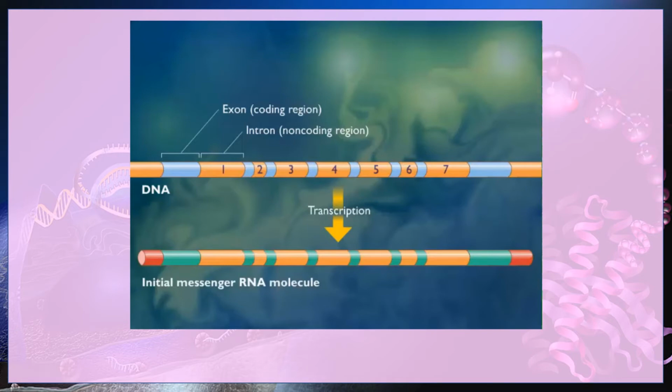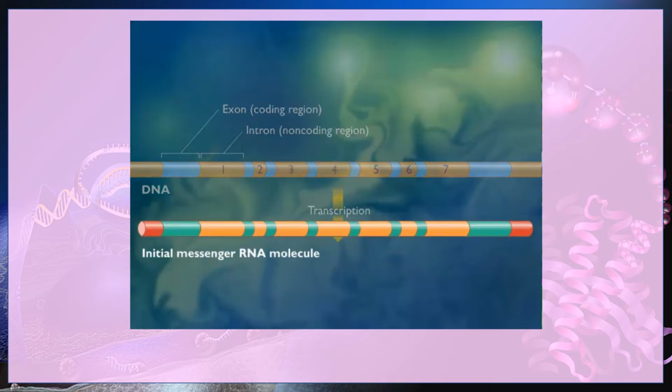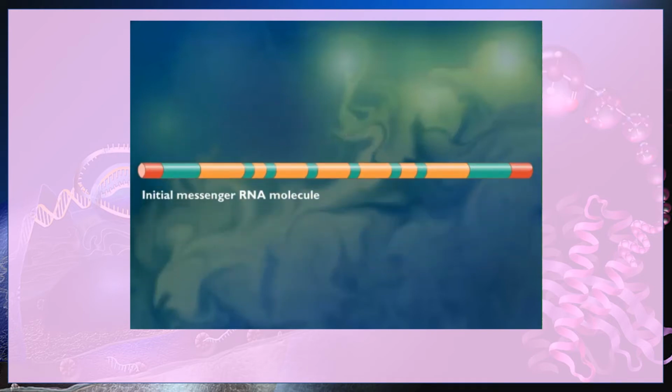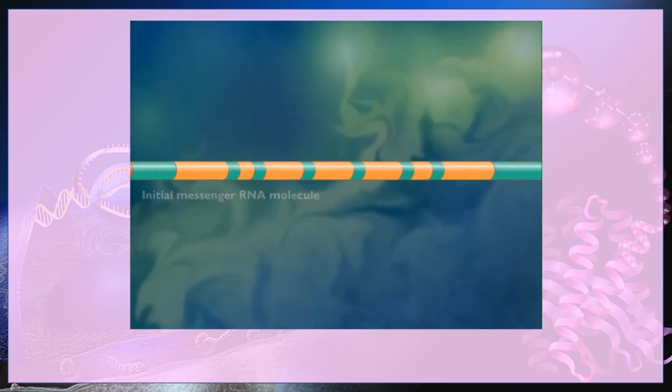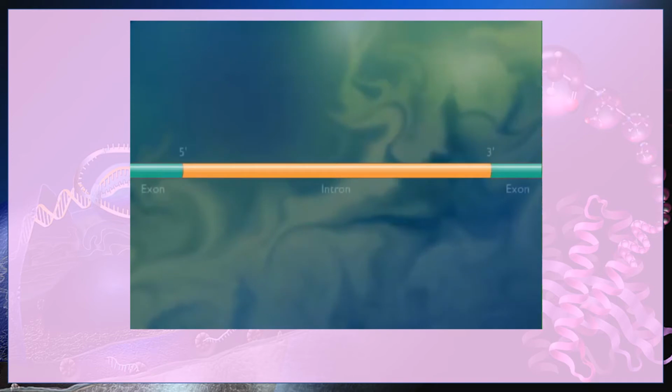Before this RNA molecule can be used to make a protein, the introns must be removed by a process called RNA splicing. A structure called a spliceosome plays a key role in RNA splicing. The spliceosome is composed of several small molecules called snRNPs, or snurps. snRNPs are made up of protein and small RNA molecules.